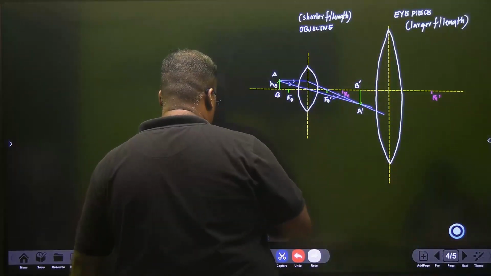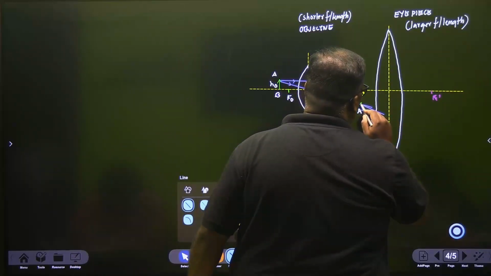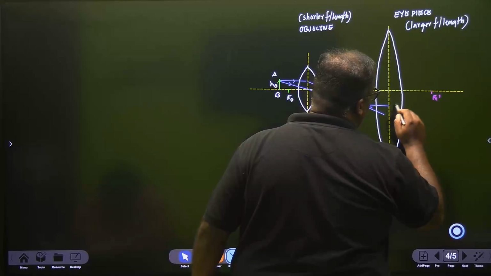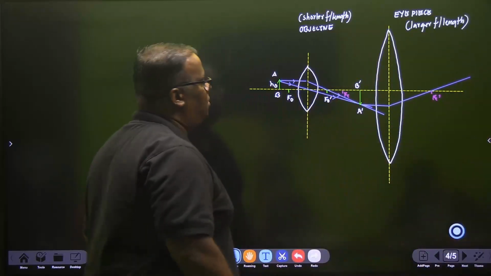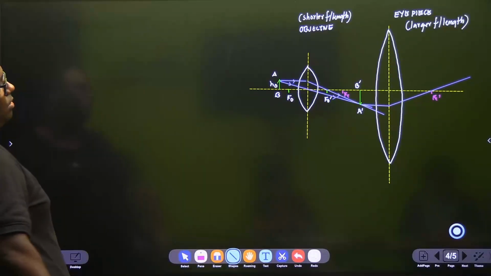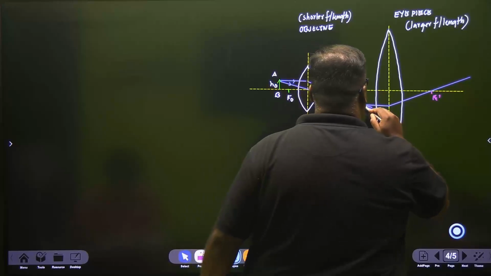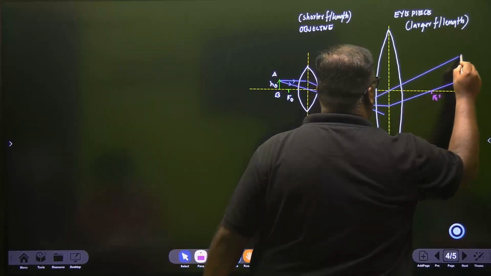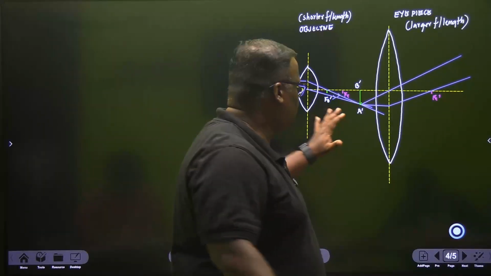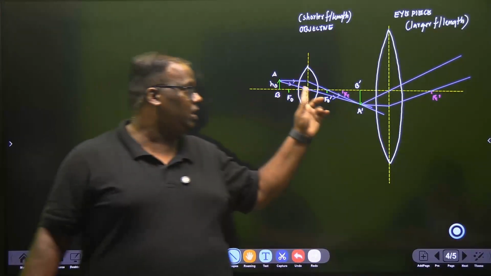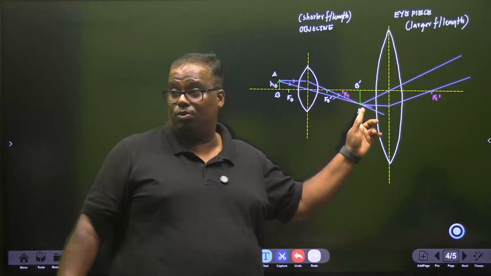So let's continue our ray diagram once again. Now a ray of light which is parallel to the principal axis for this will pass through the focus. Understood? And another ray which will be passing through the optical center goes undeflected. Try to understand what is happening. The image created by the objective becomes the object for the eyepiece.